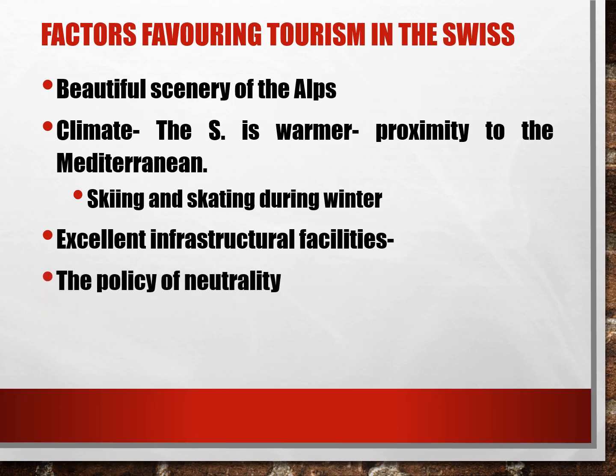The policy of neutrality. For a long time, Switzerland, I don't know whether they took a stand this time on the Ukraine war, but the neutrality policy we are talking about here: during the Second World War, some countries decided that they will remain neutral. They were never supposed to lean towards the West or the side of the USSR.